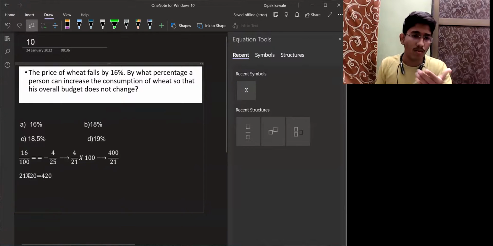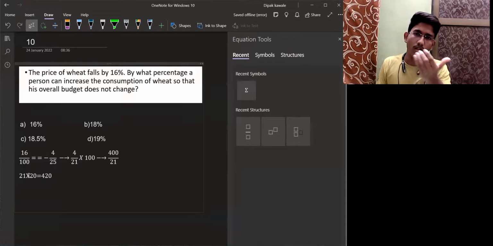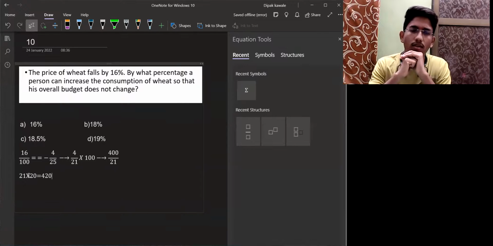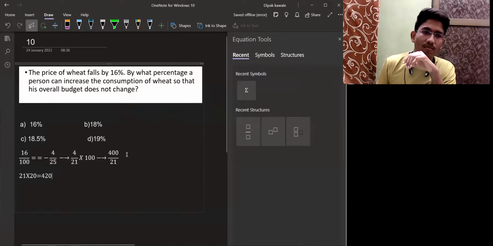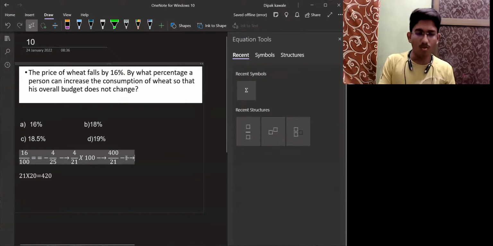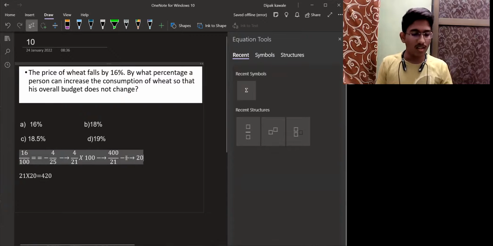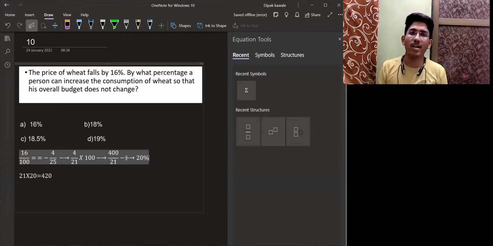If I reduce the 20 value by 1, that means 21 multiplied by 19, I will get 399, which is about 400. So without touching a pen, I solved this problem. So that means we have to increase our consumption by about 20%. We are done, students.